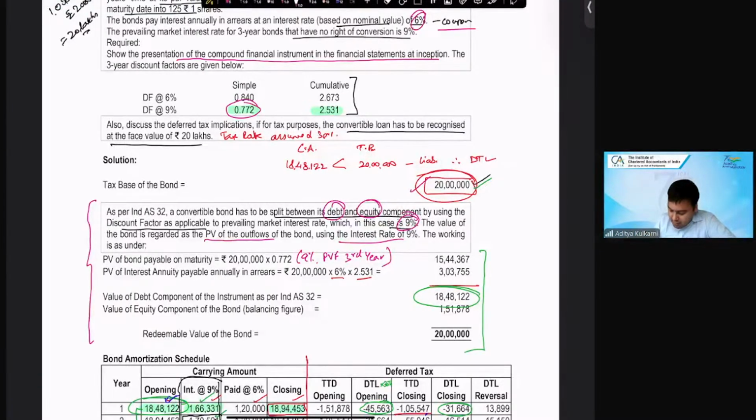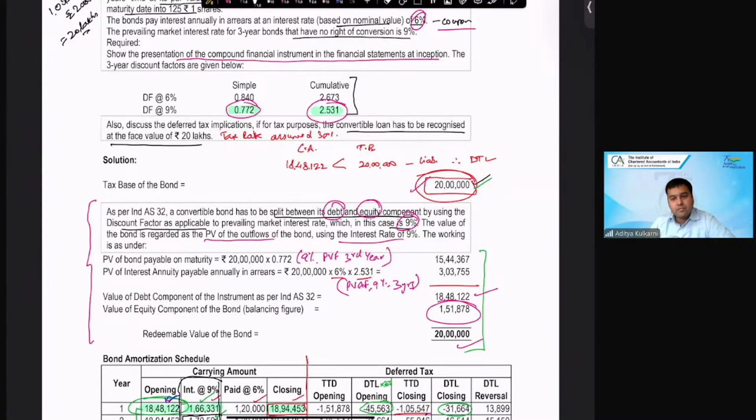This is present value annuity factor 9%, 3 years. 3,03,755. So debt component is 18 lakh 48,122. Your value of the bond is 20 lakhs. So the difference is 1,51,878. Are we clear till now?